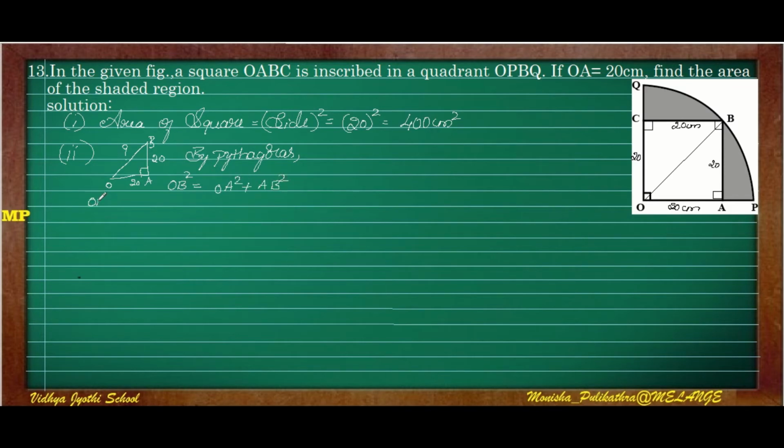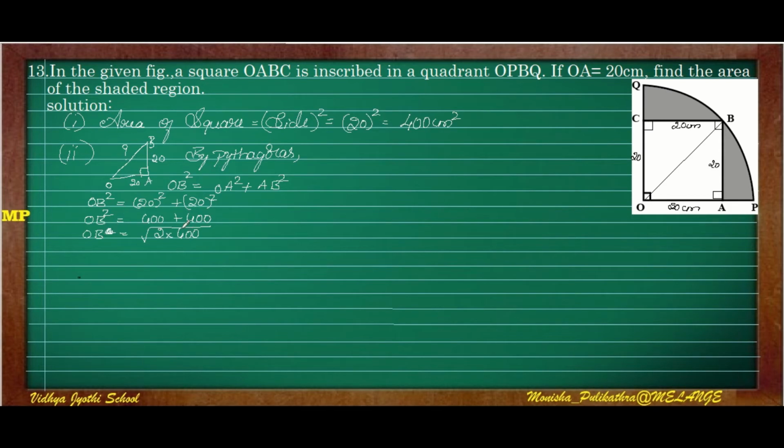So OB square is equal to 20 square plus 20 square, so OB square is equal to 400 plus 400, which is twice 400.